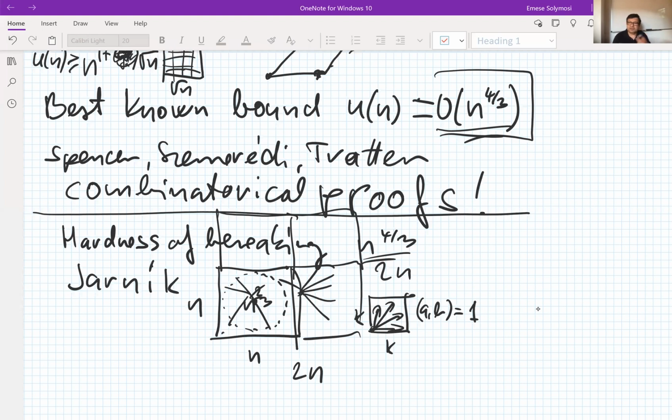Even in the corner, you have at least 1/4 of those distances. So we have about 4 times n squared, times some constant times n to the 2/3 unit distances. And if you set n equals n squared, then this is exactly n to the 4/3 unit distances.